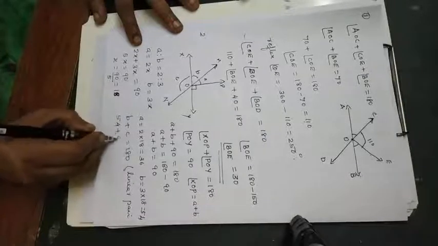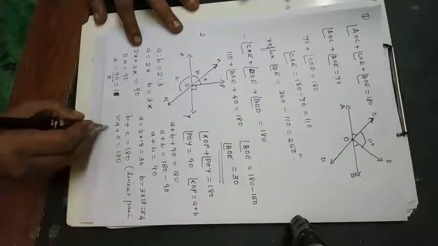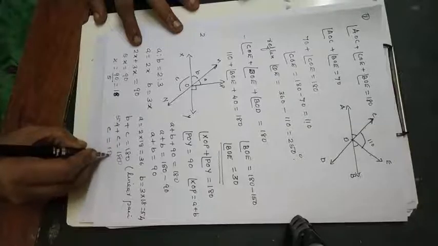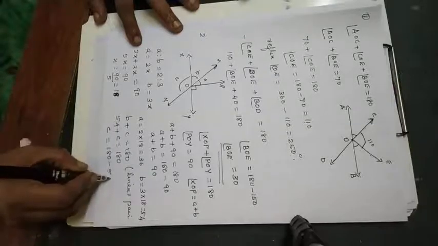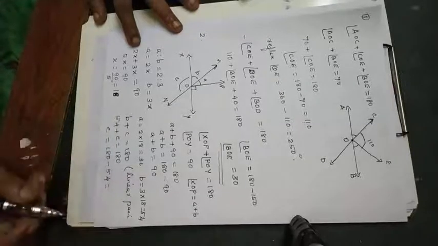54 plus C is equal to 180, or C is equal to 180 minus 54.